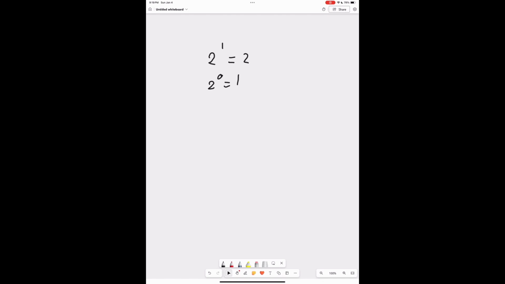So 5 to the 0, 25 to the 0, 6 to the 0 are all equal to 1. But 6 to the 1 equals 6. And if a number doesn't have an exponent, it's always raised to the 1, so they just assume that you know it.